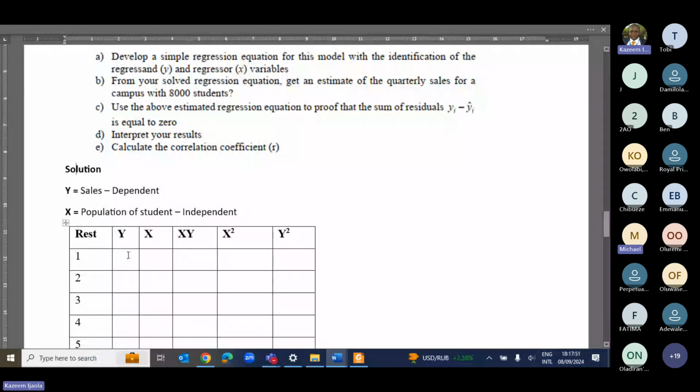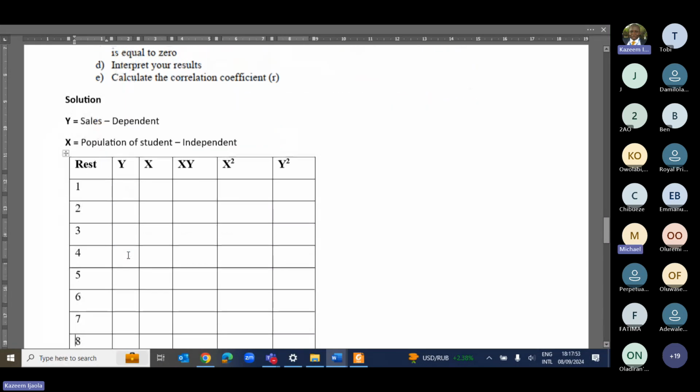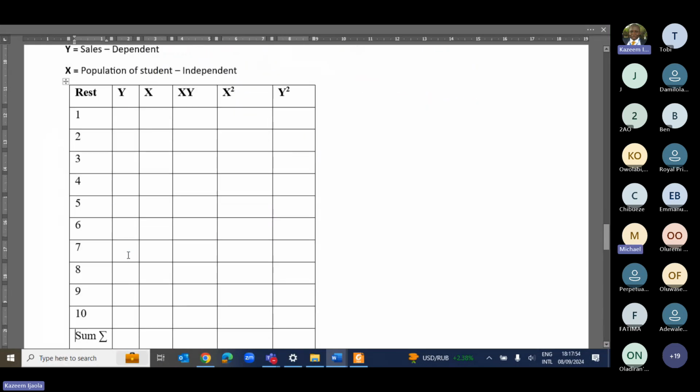Okay, 1 to 10. All right, that's it. So our Y variable is our sales, so we need to input the sales here.